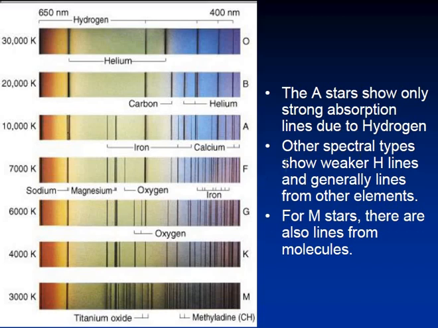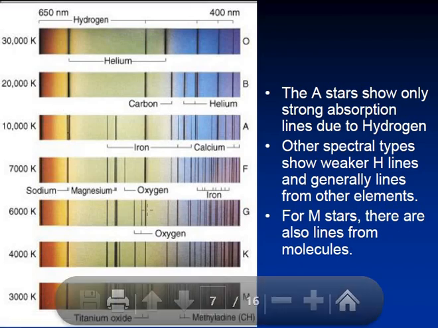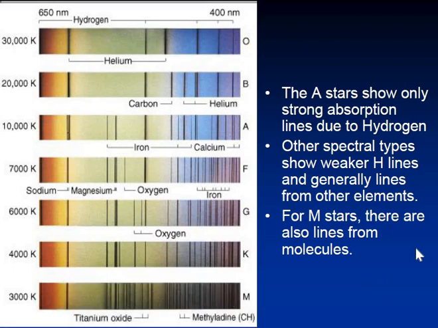Other stars show weaker hydrogen lines and also lines from other elements. I am not talking about the temperature right now, I will talk about it later on. But for these M stars, there are also lines from molecules.